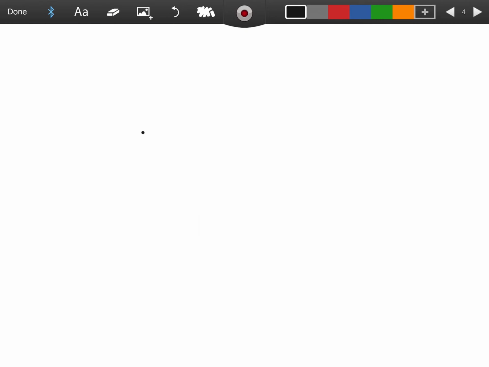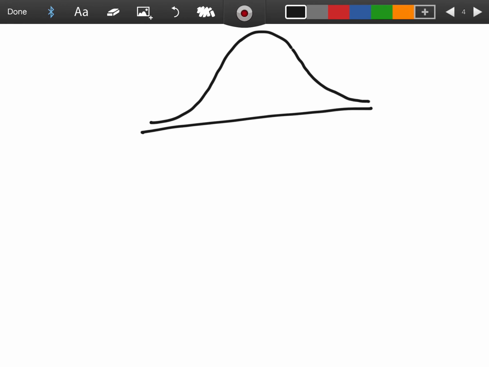So whenever you get a significance level, always draw out your normal distribution curve, okay? We know that we want to reject our null hypothesis 5% of the time, 0.05. We want to accept it or fail to reject it 95% of the time. In this case, as I said before, and you have to go back to the initial problem for this too, you have a two-sided alternative hypothesis.